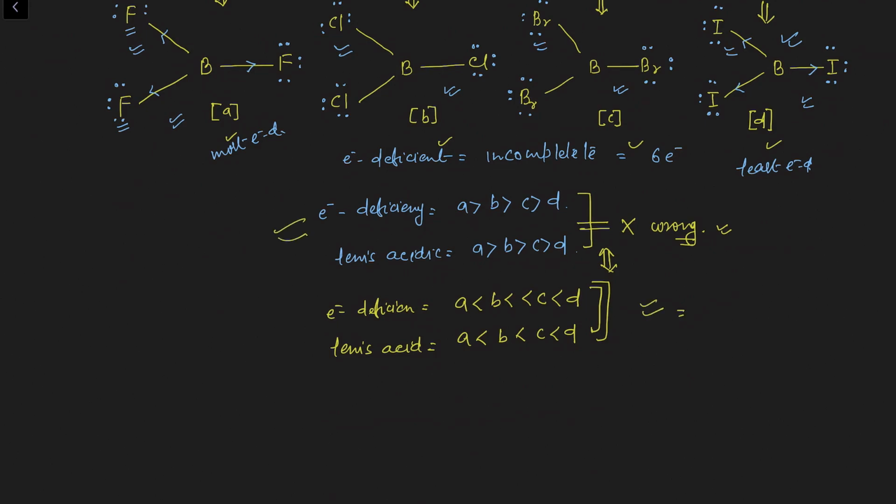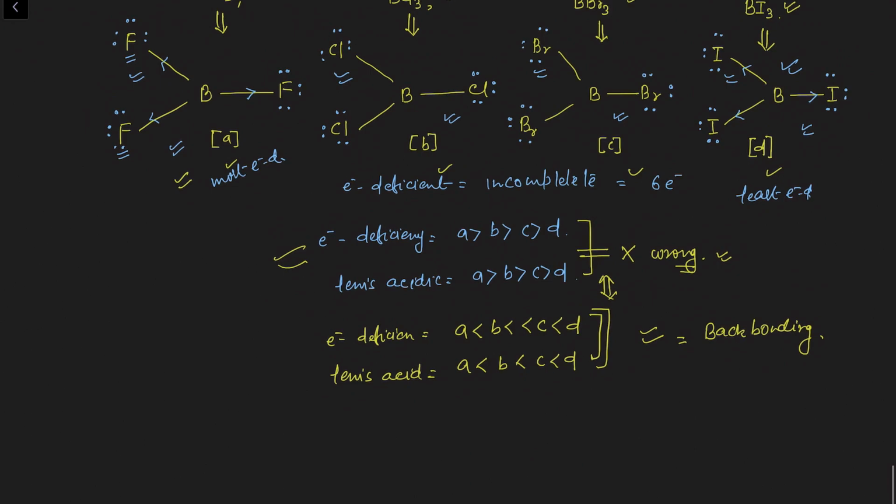Again, in one word, the answer is back bonding. In my previous lecture, I already explained why BF3 forms back bonding. Now in these boron halides, we will try to understand the extent of back bonding.